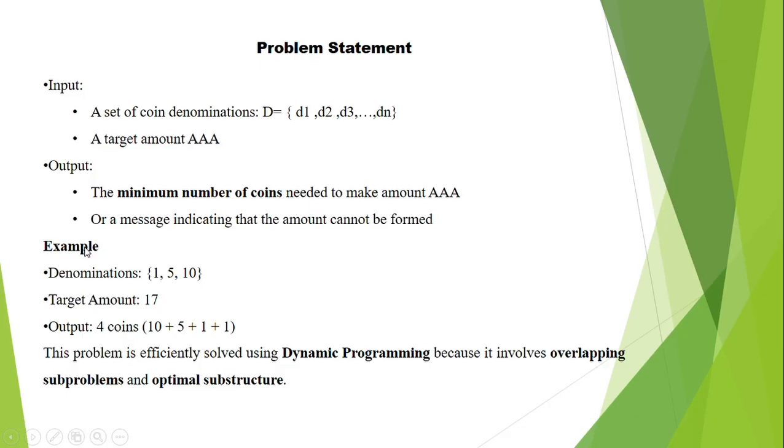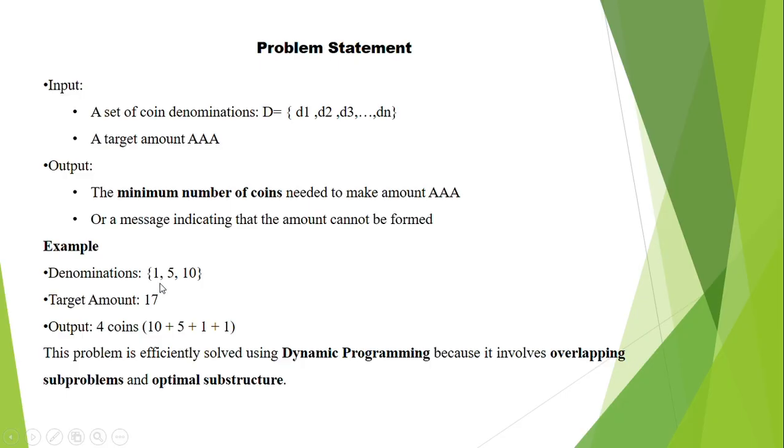Let's see an example. Here we have three denominations, 1, 5 and 10, and the amount which we want to achieve is 17. There are different ways to achieve the amount 17. We can use the 1 rupee coin 17 times to get our target amount, or 3 times 5 rupees and 2 times 1 rupee coin.